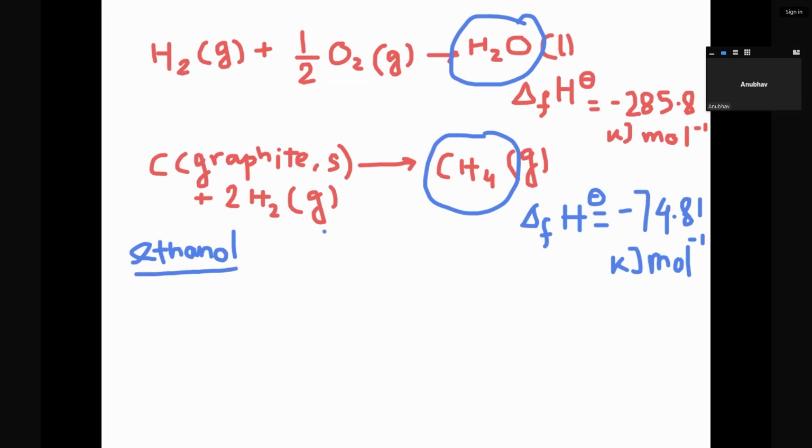So you know ethanol is written as CH3. In the organic chemistry class, you might have known about the molecule that is ethanol, which is CH3CH2OH. Or if you club all the atoms over here, it will be C2H5OH.